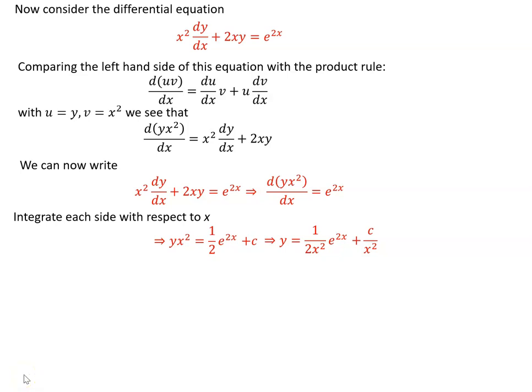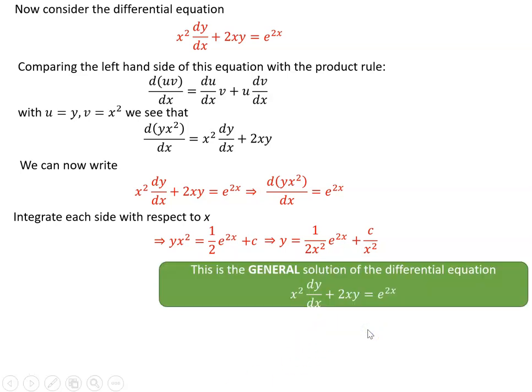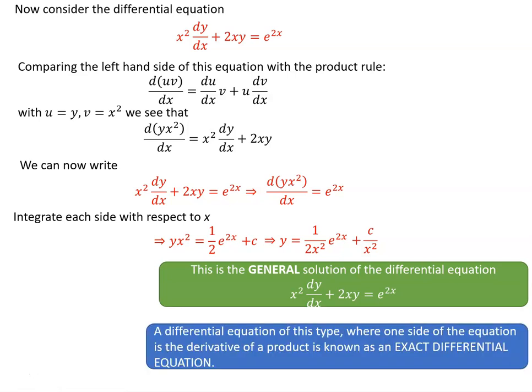The solution, y equals 1 over 2x squared e to the 2x plus c over x squared, is called the general solution of the differential equation. Now this example is an example in which the left-hand side of the equation was an exact derivative.